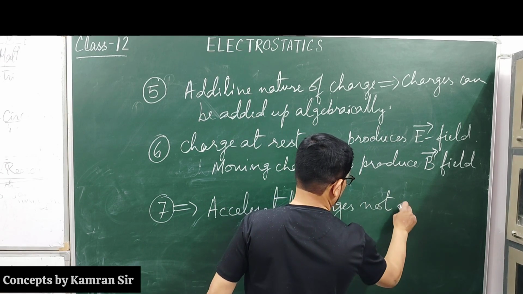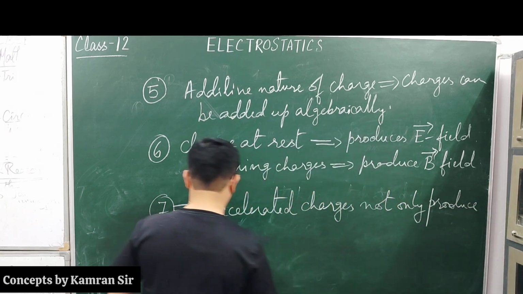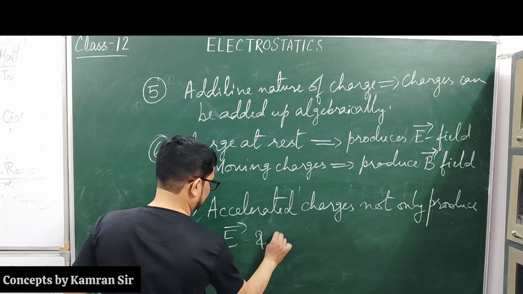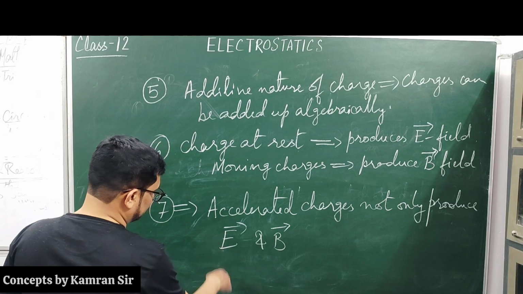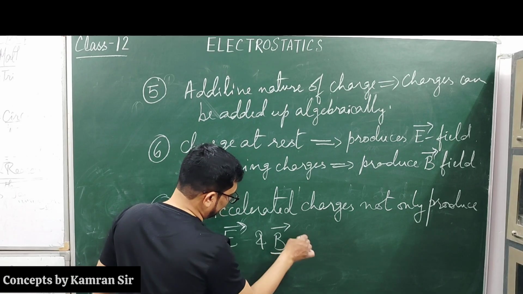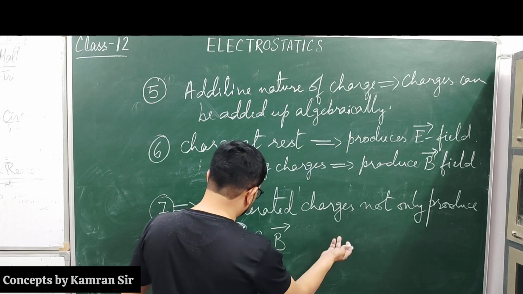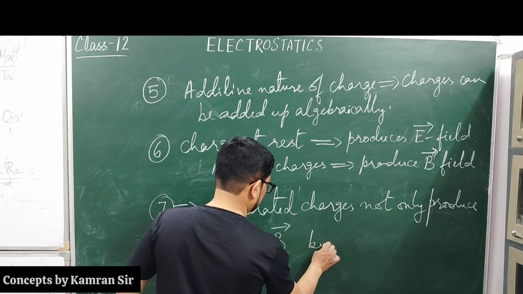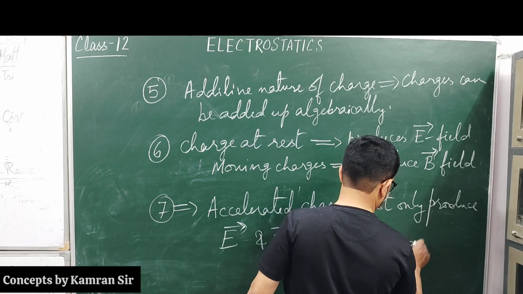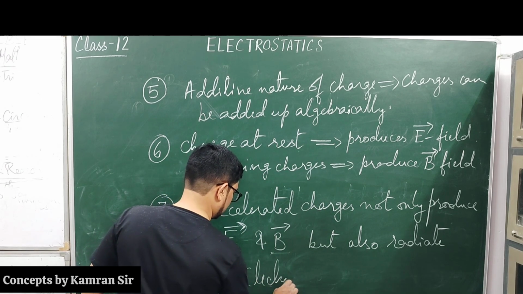This is the notation we use: E for the electric field, denoting a vector quantity, and B for the magnetic field. So in a mode of acceleration, it not only produces these two, but also radiates electromagnetic energy.